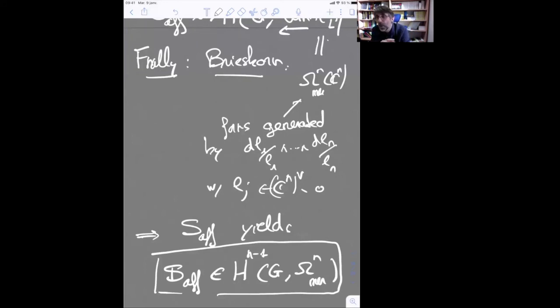In the case where the image is the whole GL_n(C), when I apply this at the end, the group is GL_n(C) discrete, and the image is of course the full GL_n(C). So it's a universal bundle. It's far from being unitary, as far as you may hope. And in general, that will be the situation: we are considering linear group representations that won't be unitary.